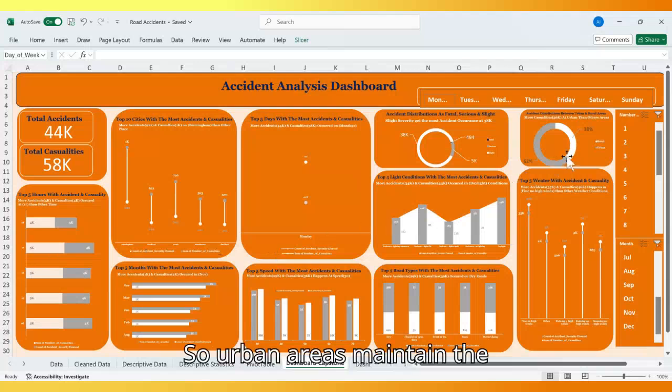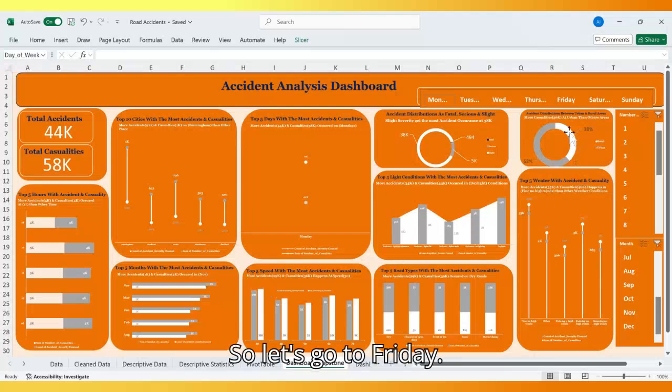Urban areas maintain the highest number of casualties, and we have more slight accidents in severity and accident distribution. 30 miles per hour still records the highest number of accidents and casualties, with November still topping the list.